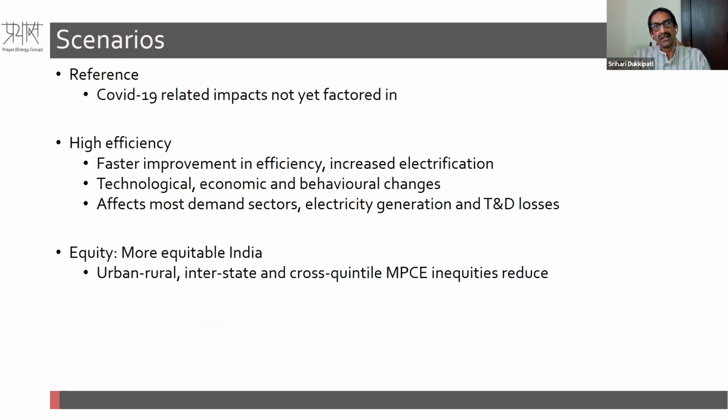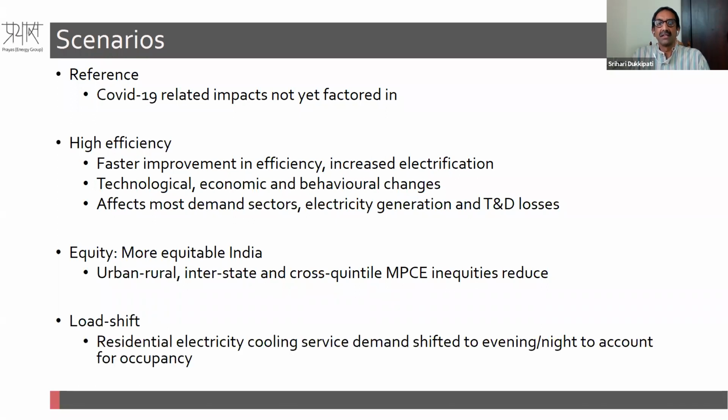So over the years, the differences between their incomes narrow down slightly compared to the reference scenario. This equity happens across multiple dimensions: urban, rural, interstate, as well as cross-quintile dimensions.